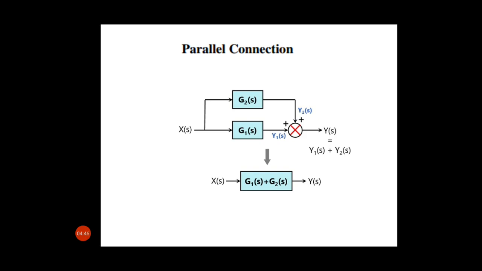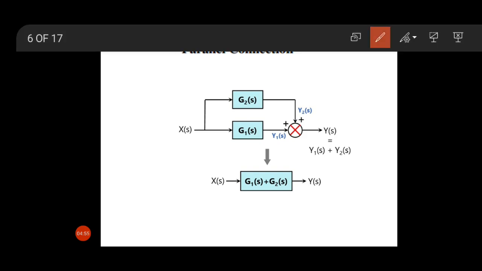We can say the blocks are in parallel when they are like this, with a summing point. These two blocks are said to be in parallel. So how can we combine these two blocks?